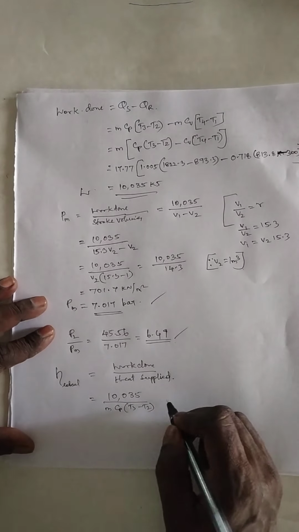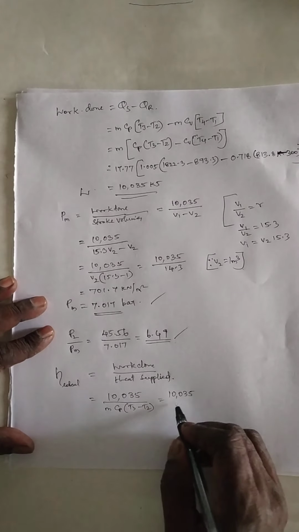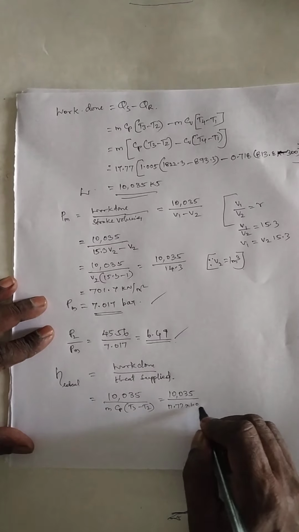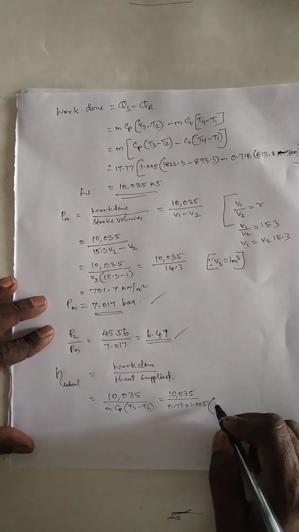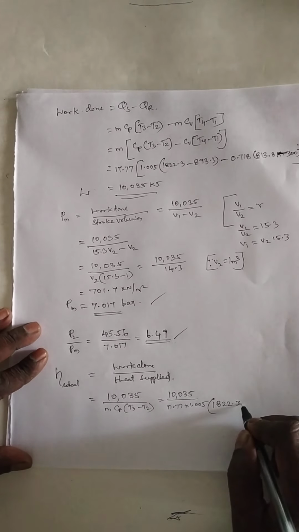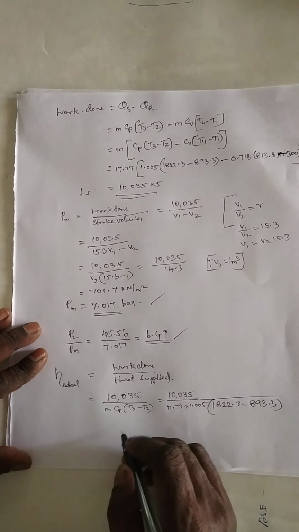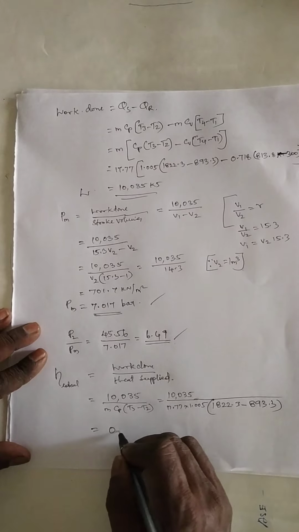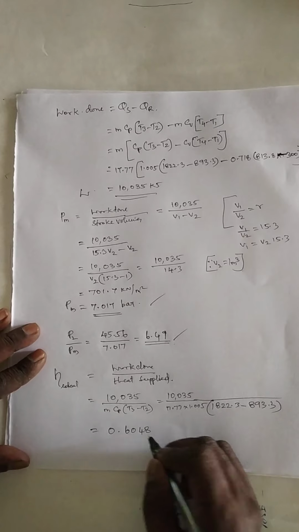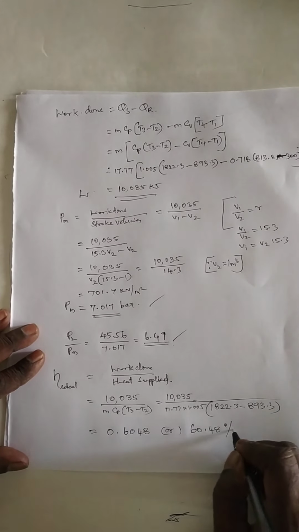Substituting the values: 10,035 divided by 17.77 into 1.005 into 1822.3 minus 893.3, we will get the efficiency as 0.6048, which can be written as 60.48 percent.